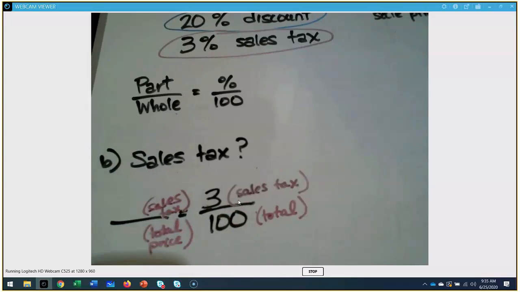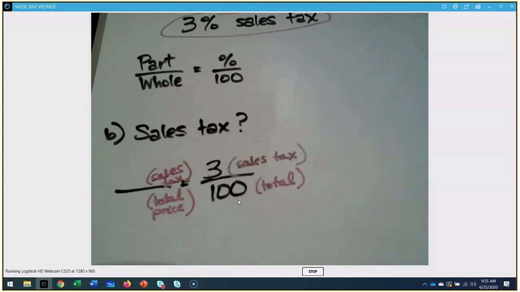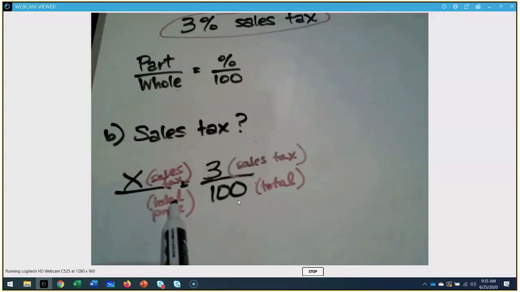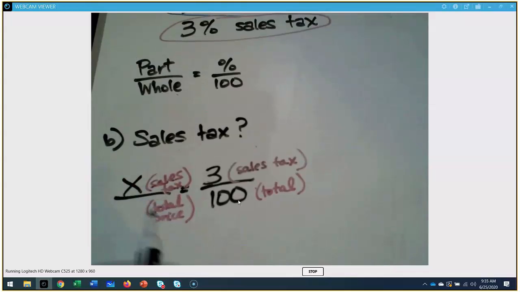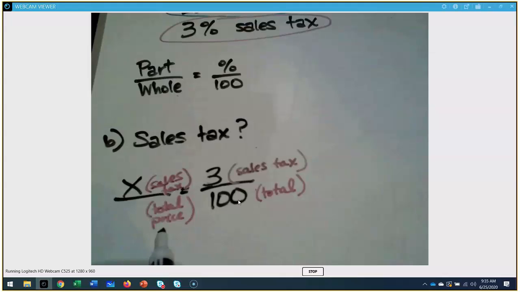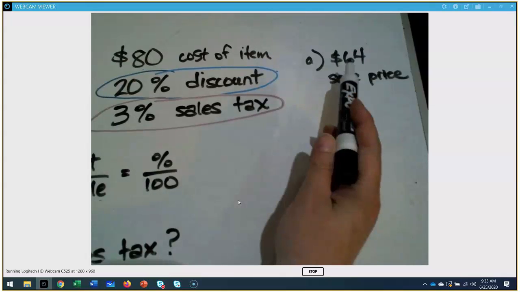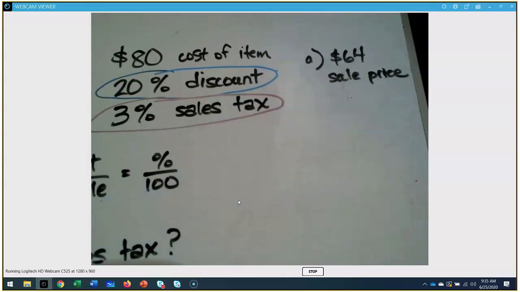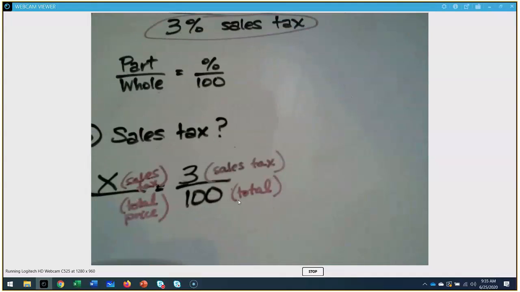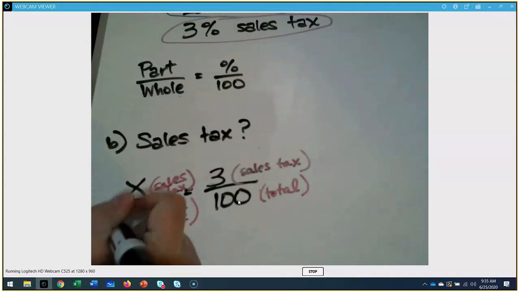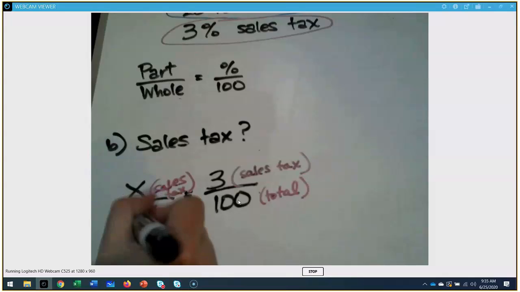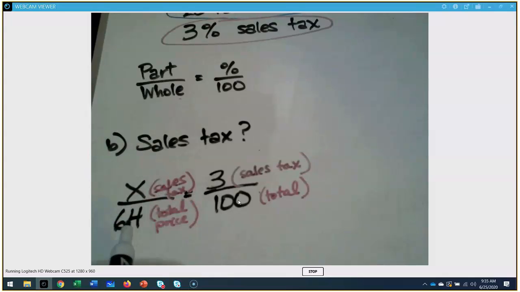Here's the thing though. This is the thing that some people mess up when they do this question. The total price is the price that you are paying for it on sale, not the original. You're getting a discount, so you're paying $64. That's what they tax then. You can't tax the original amount. That would be crazy. 64 is the price you're going to pay, and that's what they tax then.